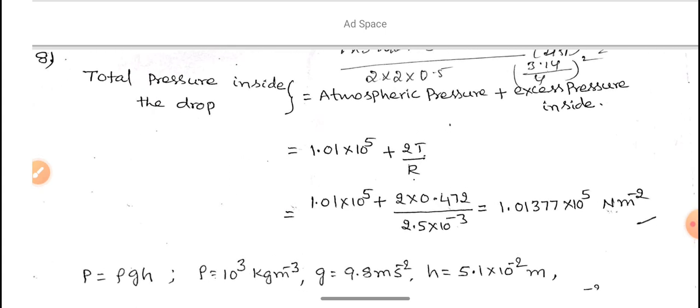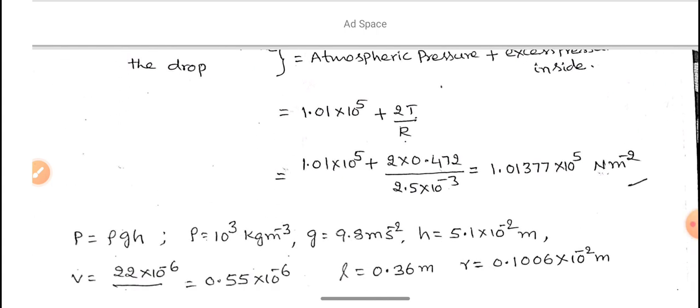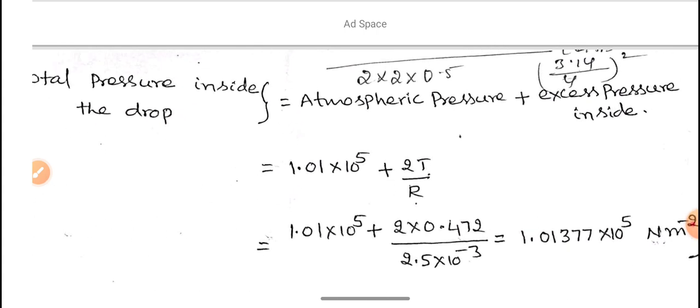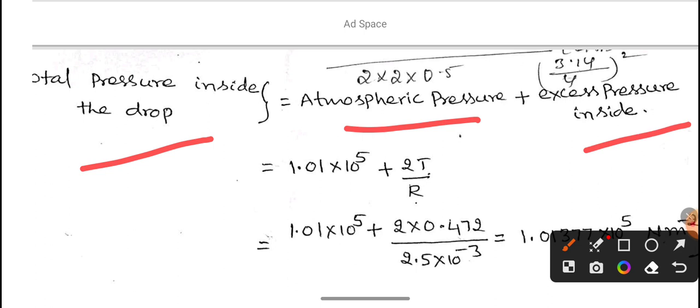Here the total pressure inside the drop is equal to atmospheric pressure plus excess pressure. The atmospheric pressure is 1.01 into 10 to the power of 5.